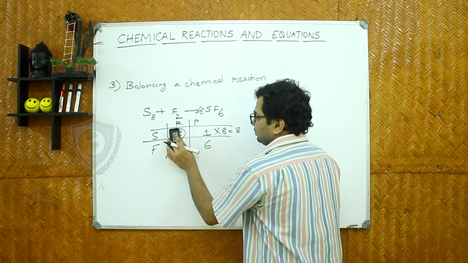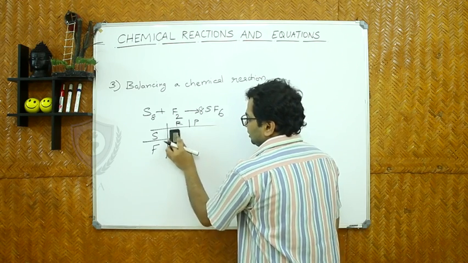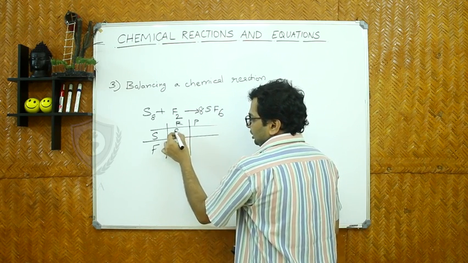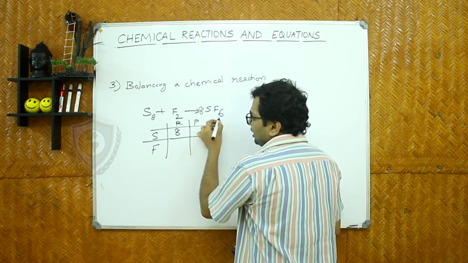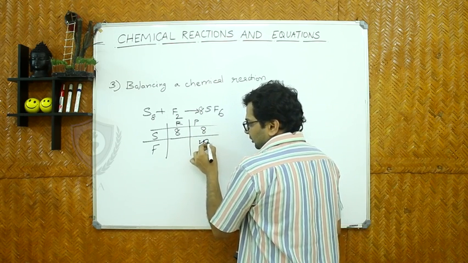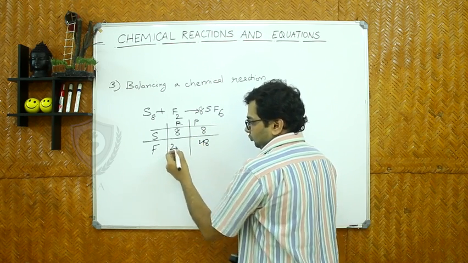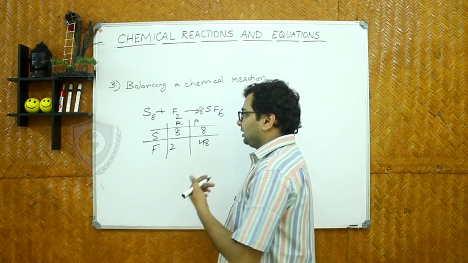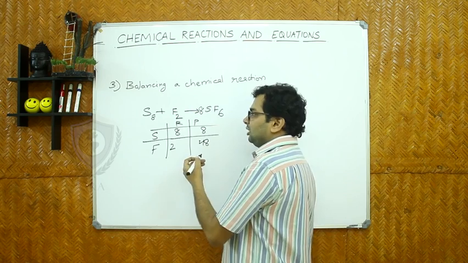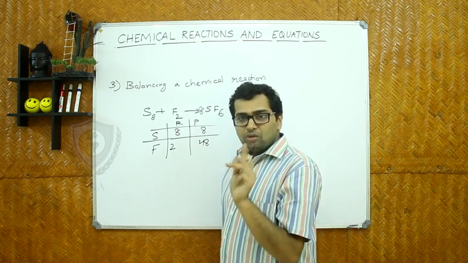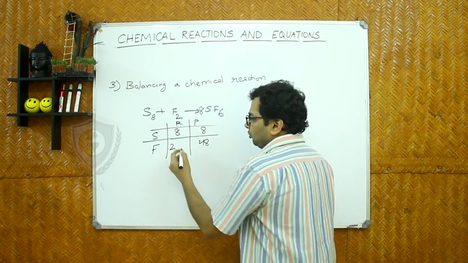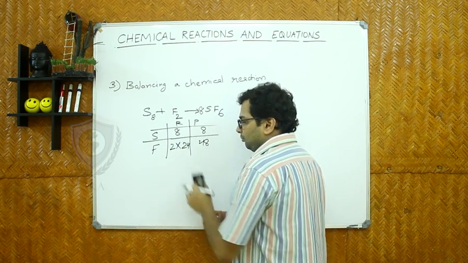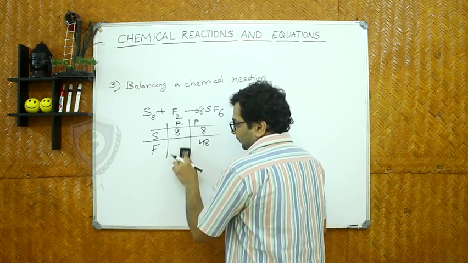So let's write it once more, the number of atoms on the reactant side and the product side. Here you have 8, here you have 8, 8 sixes are 48, and here you have only 2. So what do we do? You multiply each molecule of fluorine, which contains 2 atoms, by 24 to get 48. So 2 into 24 becomes 48, right?